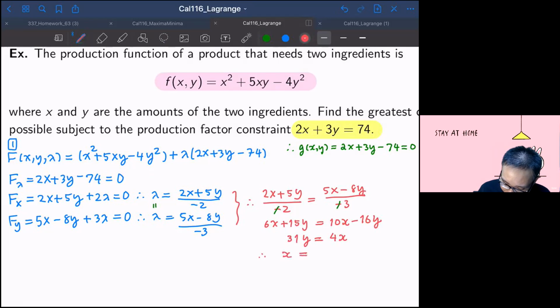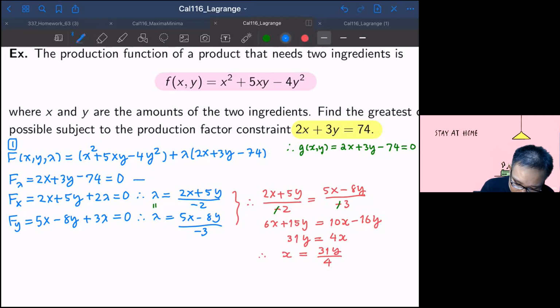The number is not quite right, so x equal to 31y over 4. So you have x equal to 31y over 4, and you're gonna put it into the first equation.